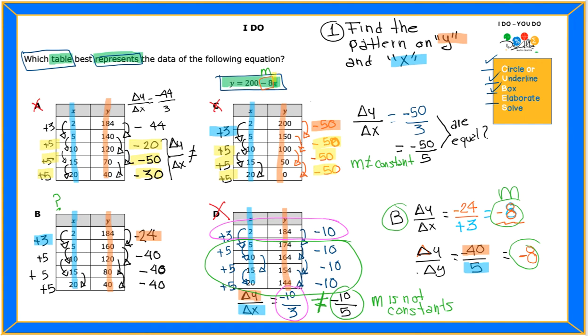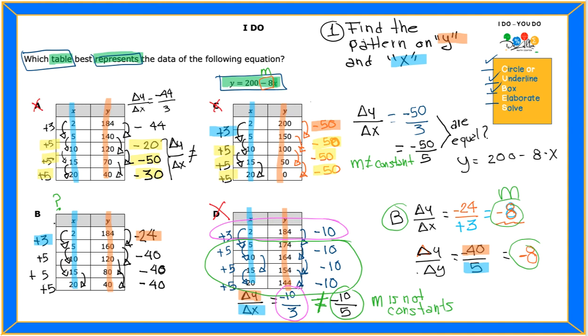Now, how can we make sure that 200 is also the right number that we can have there? One easy way is to do substitution. You see how this equation is given, and we have y equals 200 minus a that multiplies x.